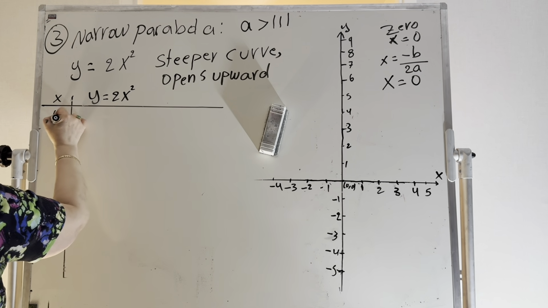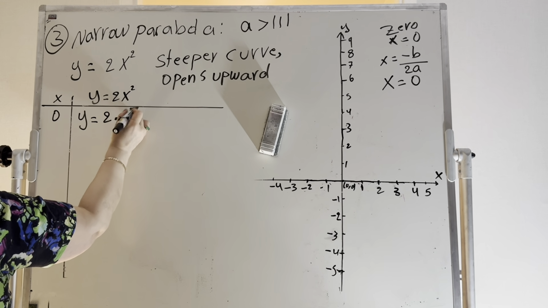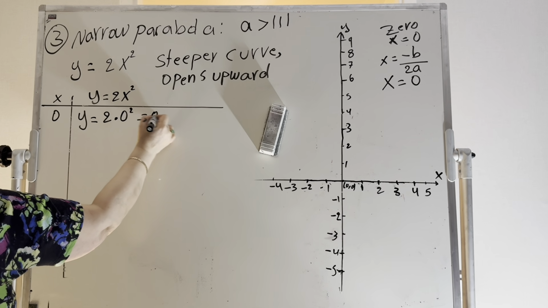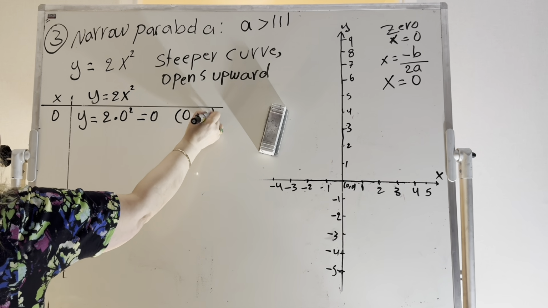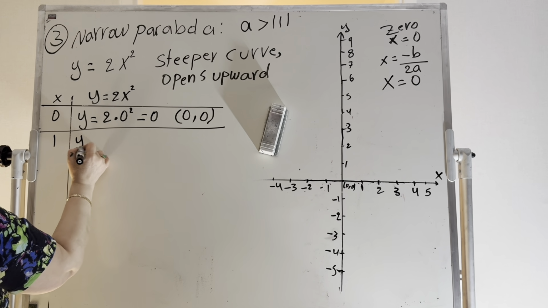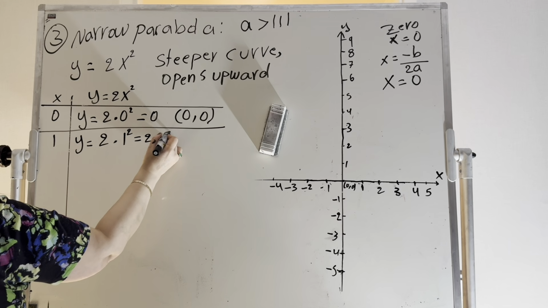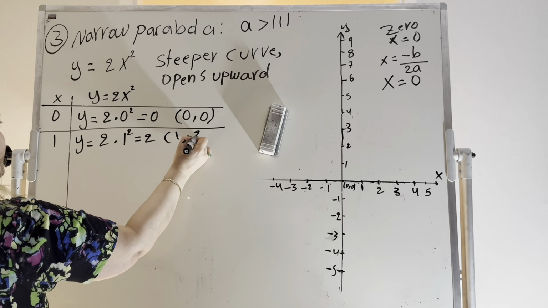When x equals 0, y equals 2 by 0 squared equals 0. So the point is 0, 0. When x equals 1, y equals 2 by 1 squared equals 2, so 1, 2.